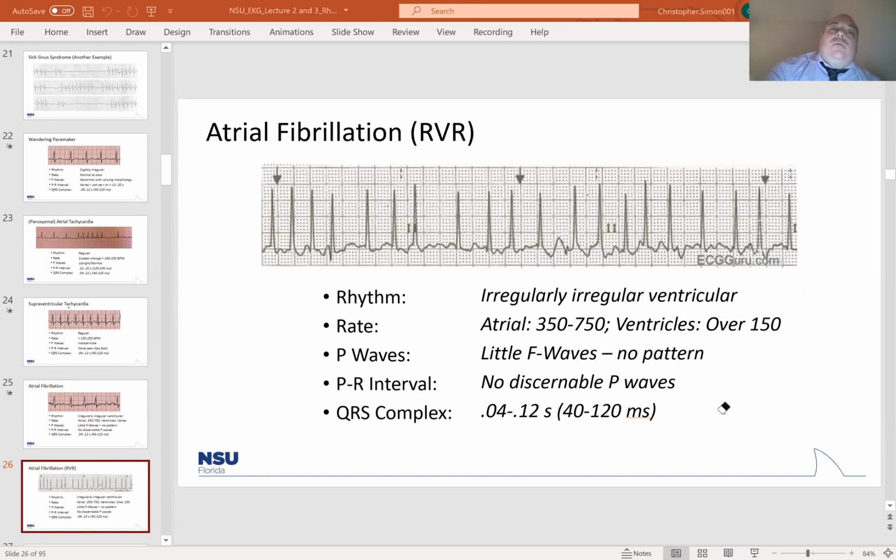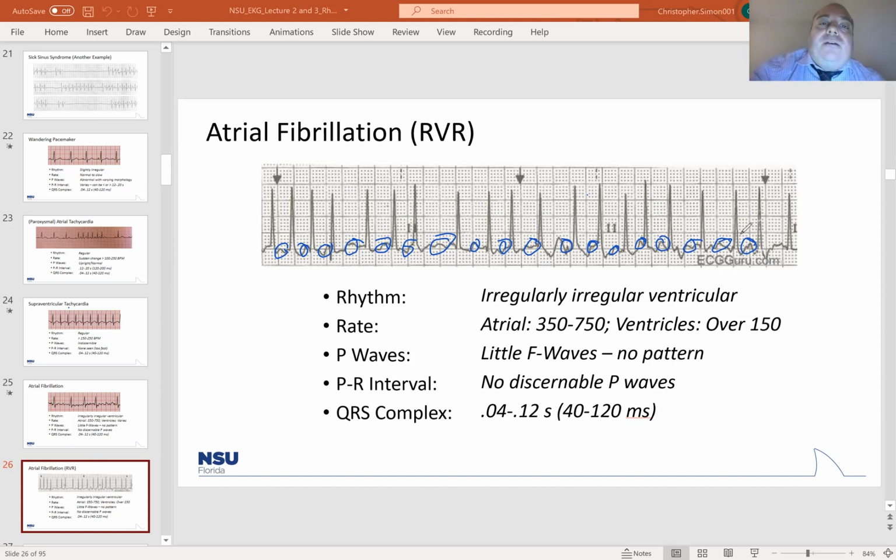All right, so let's look at what we got. This is a brand new rhythm, and we've got no real P waves, guys. If you have P waves, here's something that might help you a little bit. Unless you have a rhythm where the P waves have different morphologies that repeat, P waves, if you have them, are supposed to look like each other, okay?